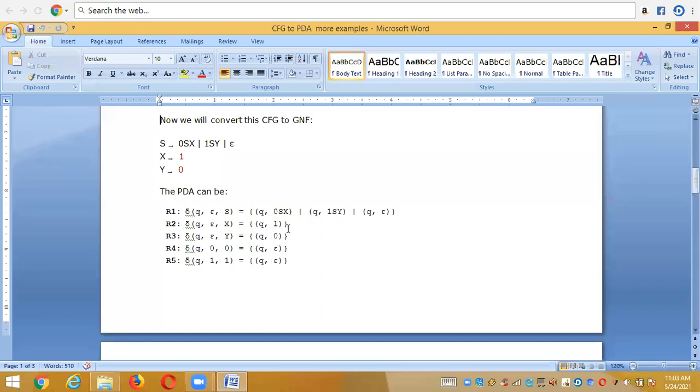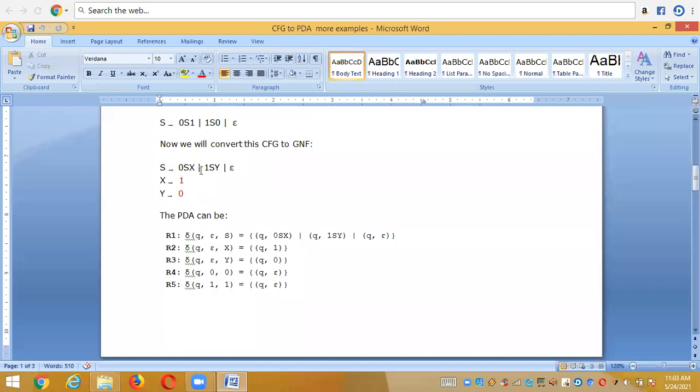So I am considering the epsilon. Why I am considering it: as per the syntax of the GNF, if the starting symbol has an epsilon, it is acceptable for Greibach normal form. But if we have an epsilon for X or Y, it is not acceptable. That's why I am considering this epsilon here.